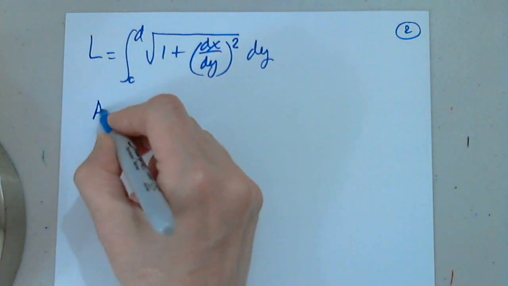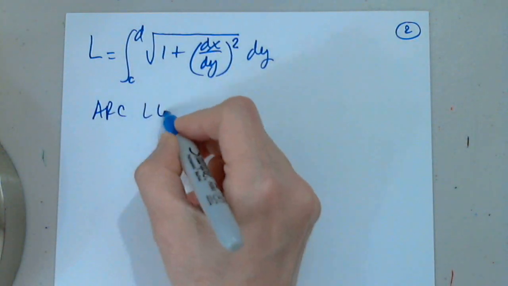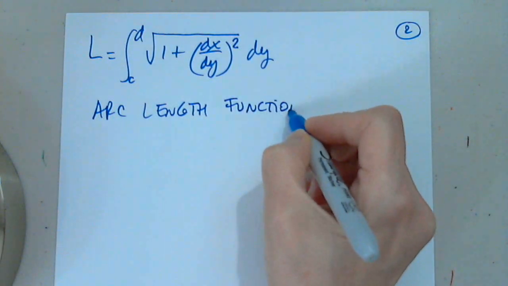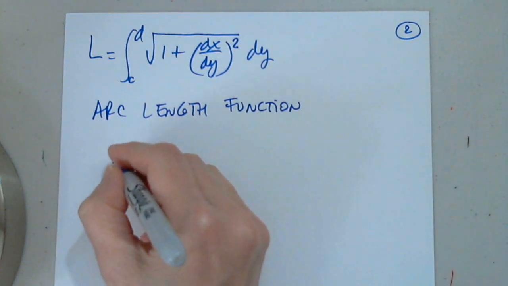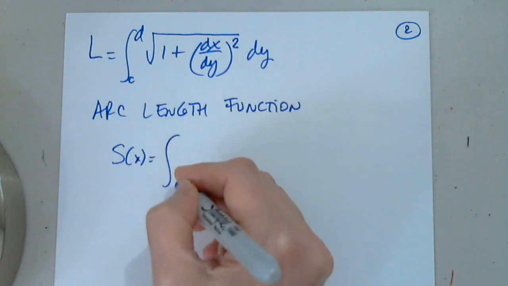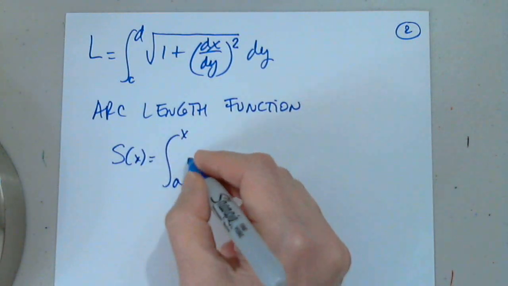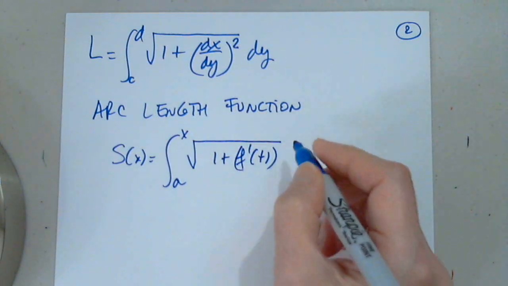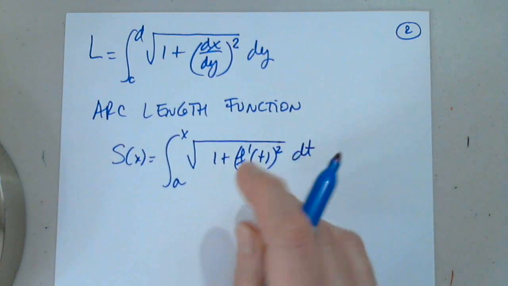Now, we also have something called an arc length function, given to us in the form of an integral. So this is s of x equals the integral from a to x of the square root of 1 plus f prime of t squared dt.